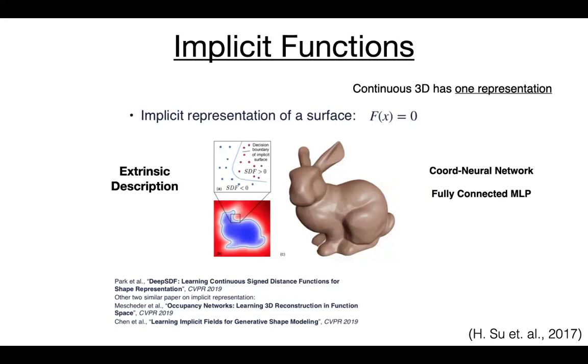And naturally, we represent this by a coordinate neural network, because basically we are analyzing whether a point belongs to the object, is inside the object, and things like that. So naturally what we are going to give to this neural network is the coordinate. So it's called a coordinate neural network. And in this case, it's not convolution. This is a fully connected multi-layer perceptron.